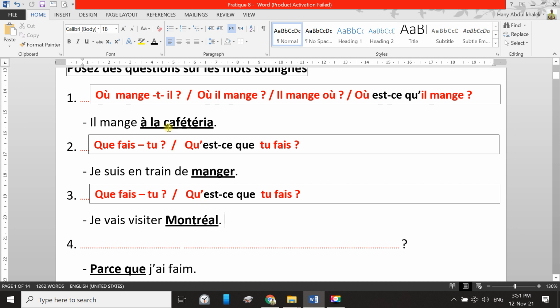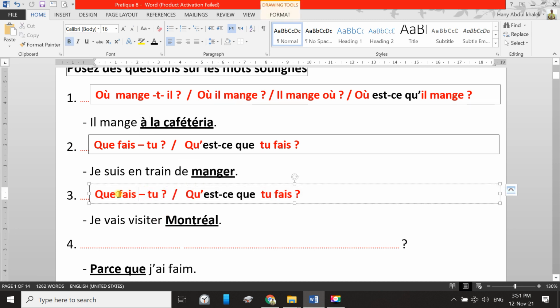So here, to replace or to ask with where, which is in French, où, we have to find the preposition before the place. Here, there is no preposition, so we will use que again, which means what. Je vais visiter Montréal. Que vas-tu? We'll make a cross with the first verb. Pay attention that this tense, je vais visiter, I will visit, is futur proche.